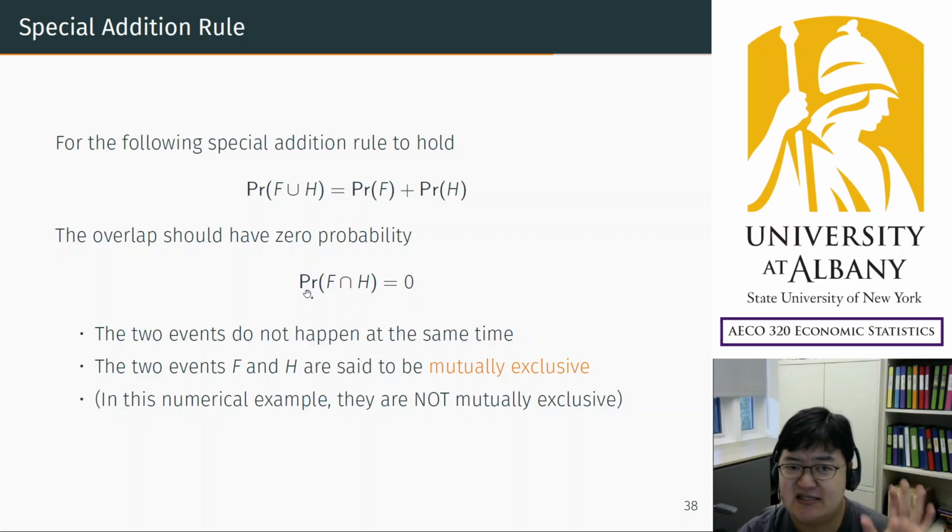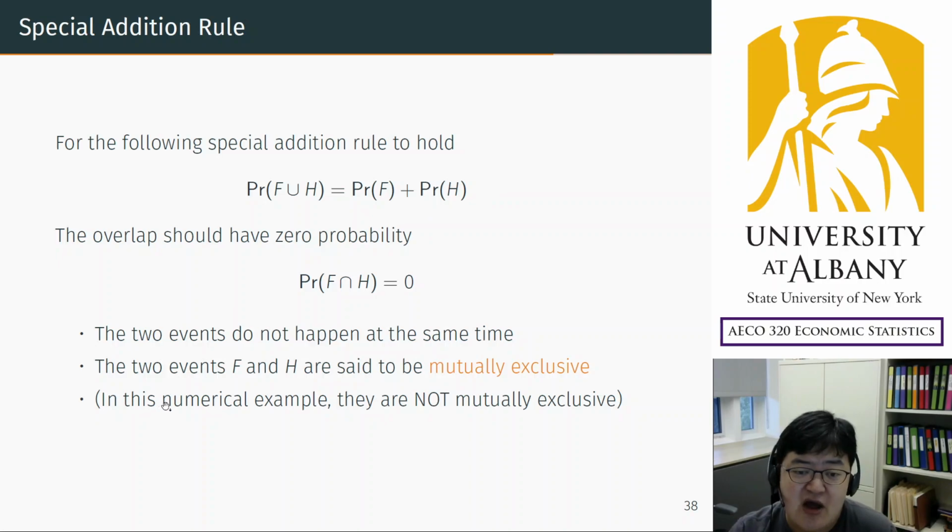In this special case, the simple addition rule holds, and we call this mutually exclusive. If this is true, we say that F and H are mutually exclusive, and we can express the probability of their union as the sum. It's a very restrictive case.